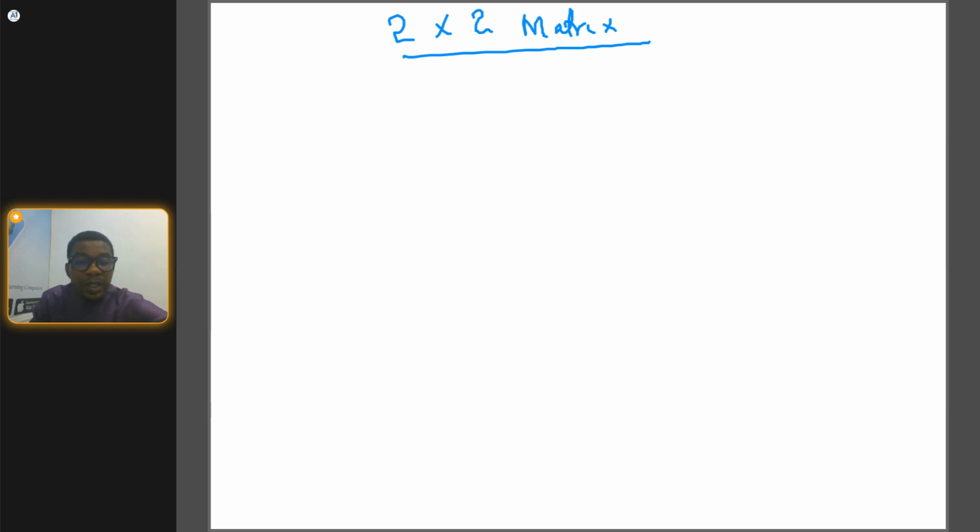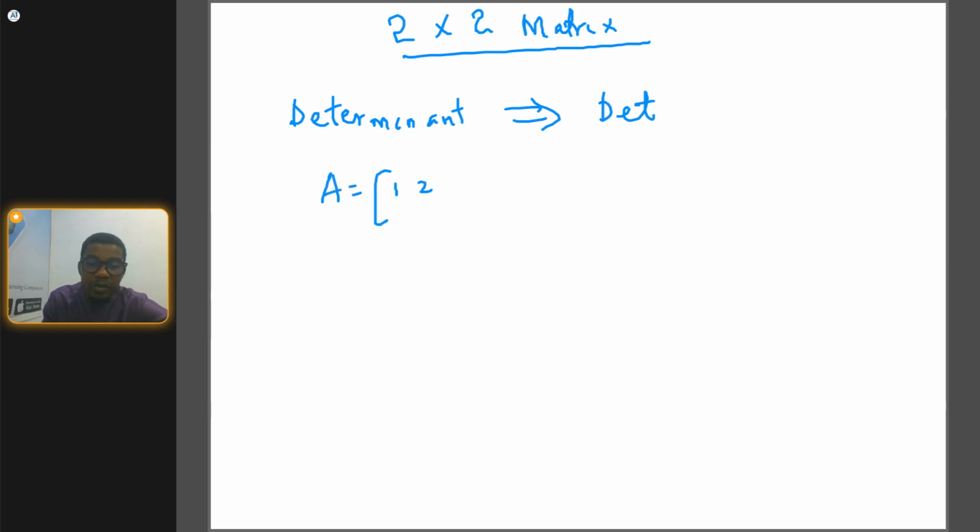So if I'm given a question to find the determinant, the word determinant can be symbolized by det. Then also, let's say we are given matrix A, 1, 2, 3, 2, and we are asked to find the determinant of matrix A. So I will say det A, that's determinant of A, or I can write it this way.